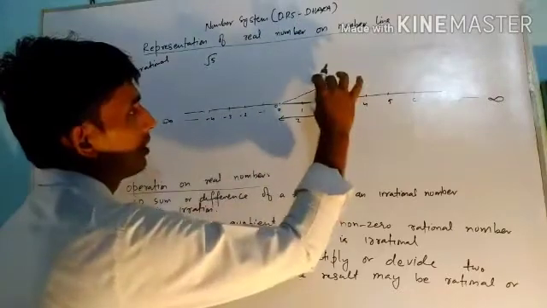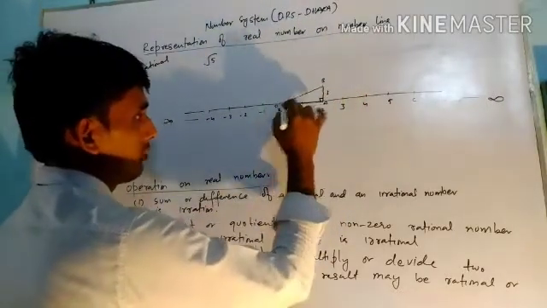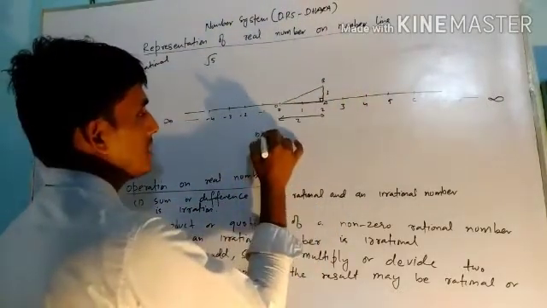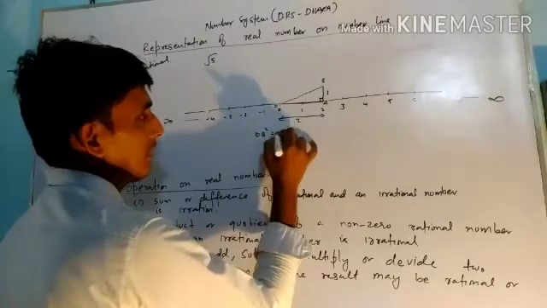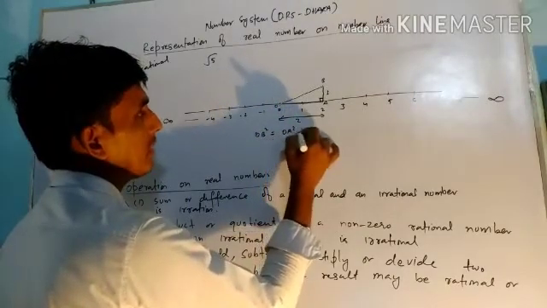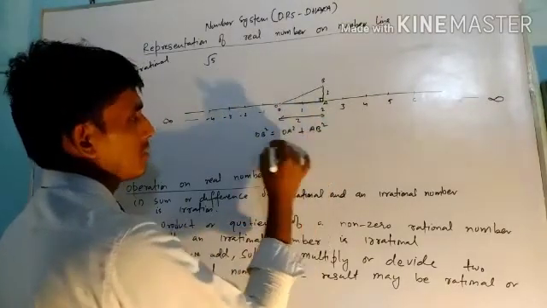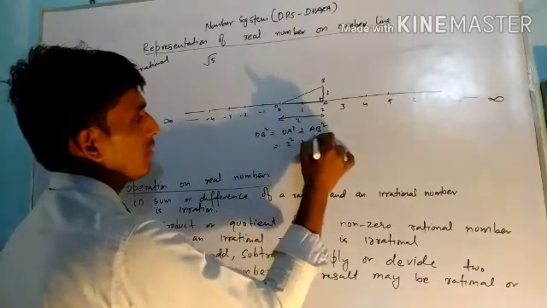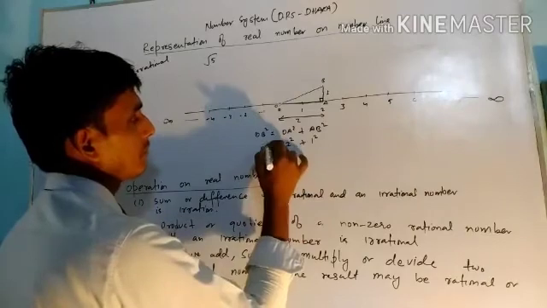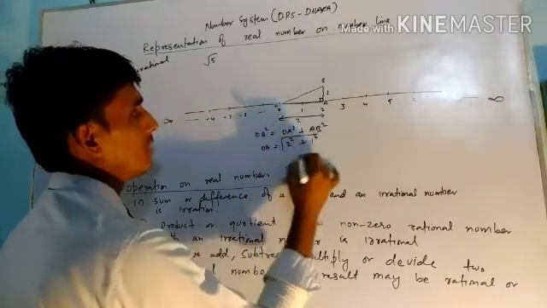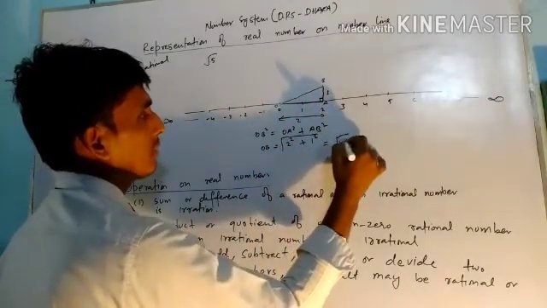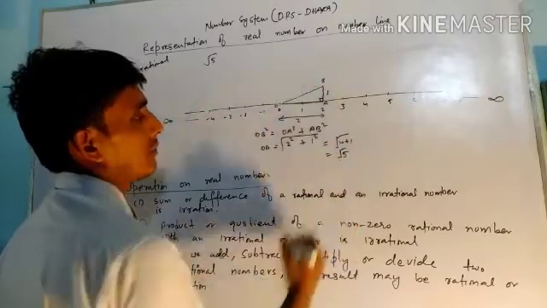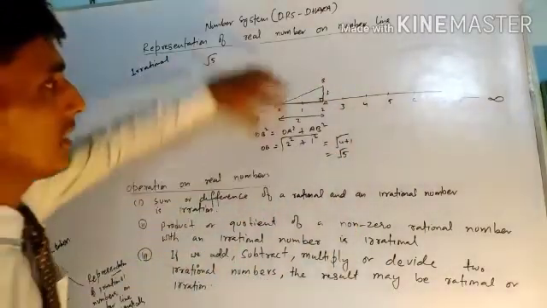OA is 2, AB is 1. So what will be OB? By the Pythagoras theorem, OB square is equal to OA square plus AB square. OA is 2, so 2 square, AB is 1, 1 square. OB is equal to under root of 4 plus 1, that is under root 5. So OB is under root 5.